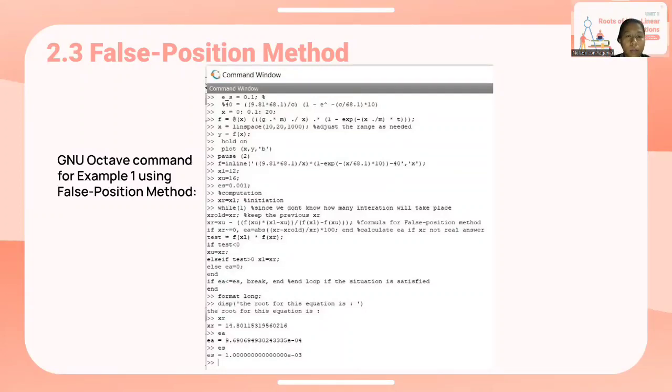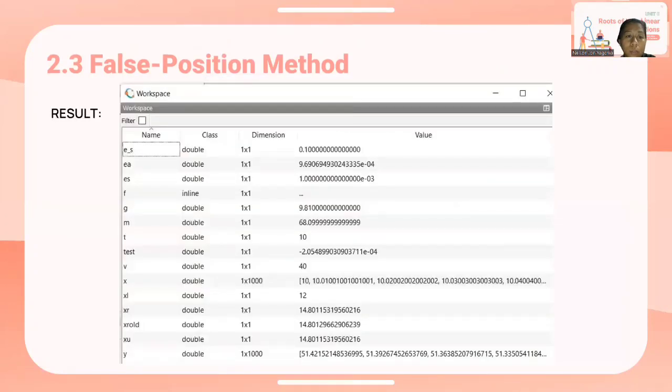Next is the solving of the false position method using the GNU Octave command for example 1. This is the command used.